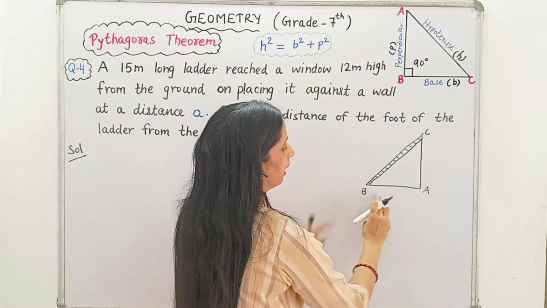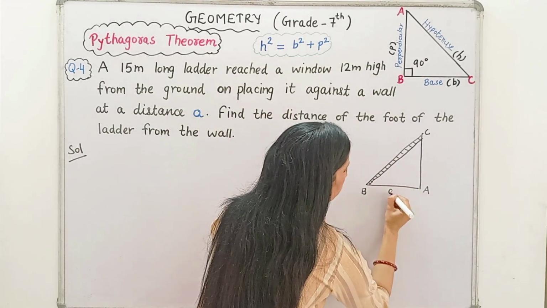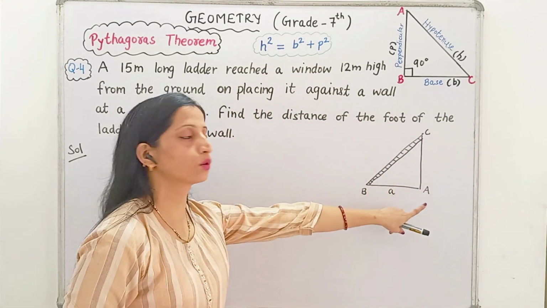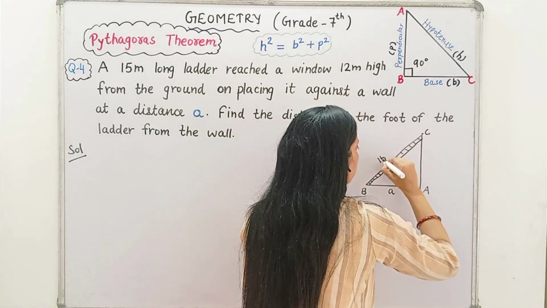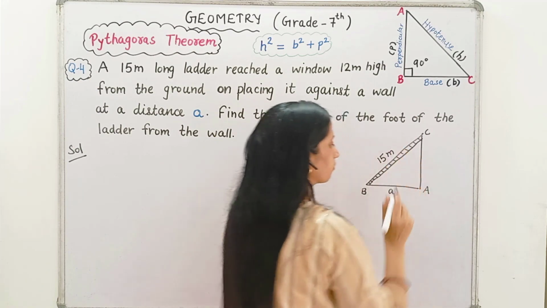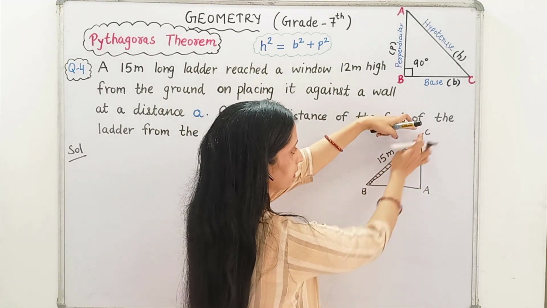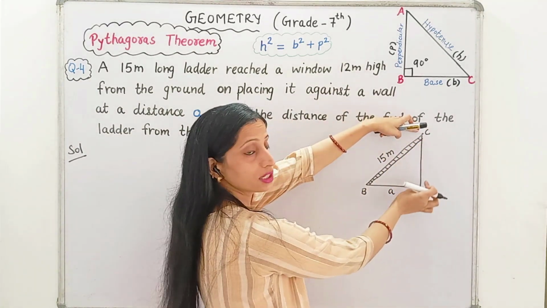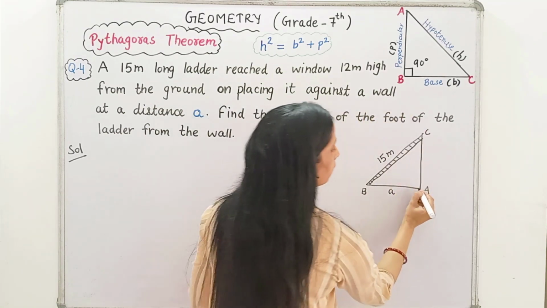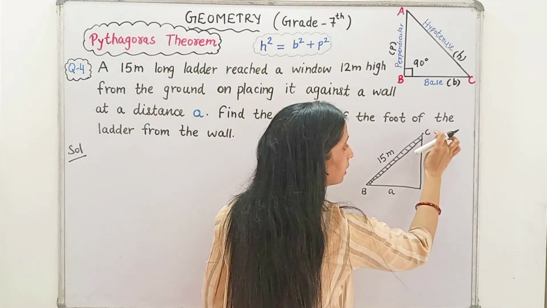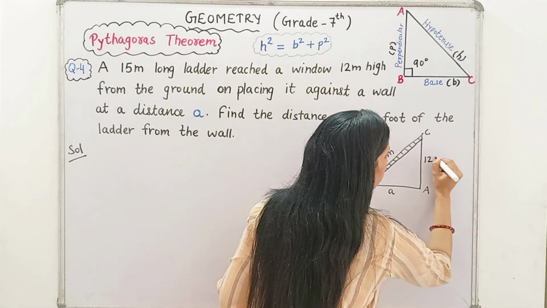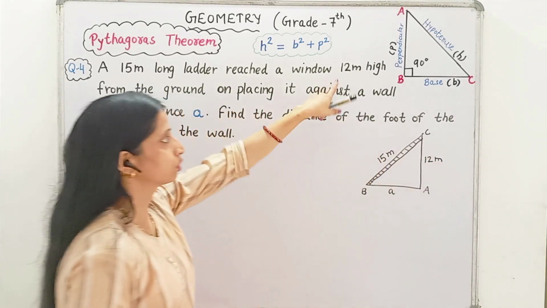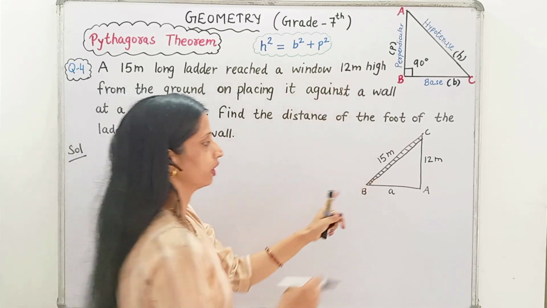And this is A. It is given A. We have to find out the value of A. The length of the ladder is 15 meter, and this ladder reached a window which is 12 meter high from the ground. This means here is the window, and the length of AC is given as 12 meter. We have to find out AB.